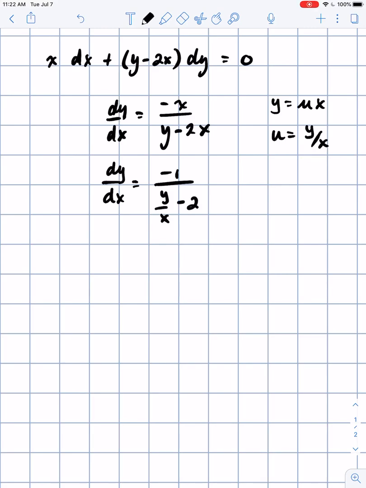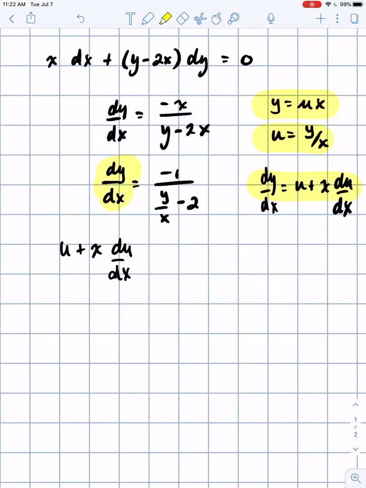Now I could simplify that with a u, but if I'm going to do this simplifying, I have to take the derivative of that highlighted function with respect to x. So I get dy dx equals u plus x du over dx. So now I'm substituting in our u and our differential right here and here.